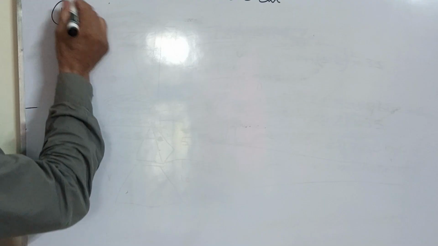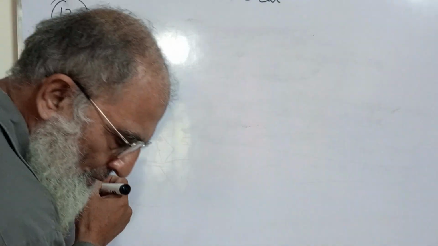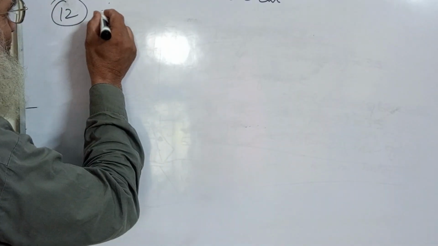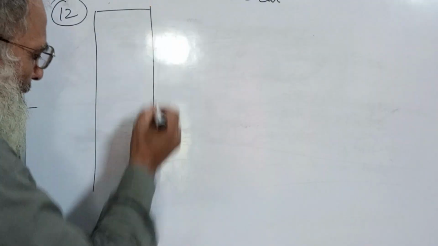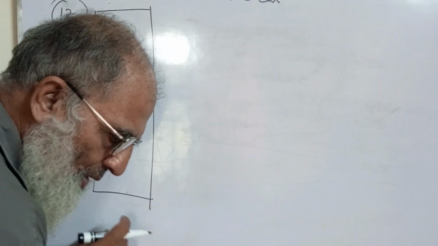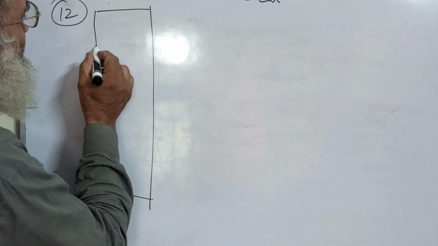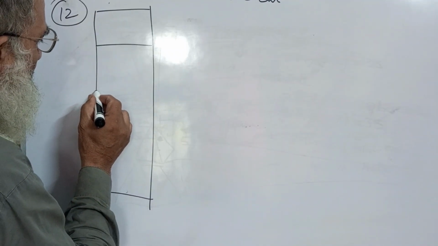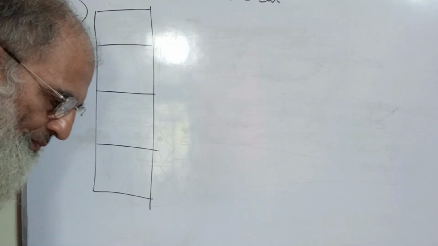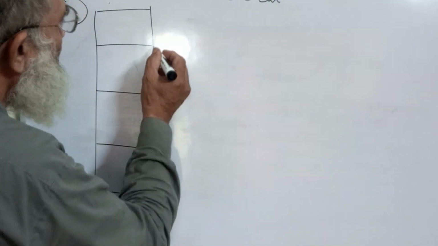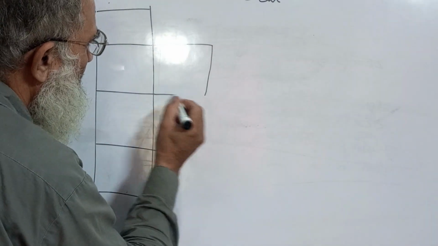Question number 12. 2 nets are given. Let me make it rough, very rough. This is one net. 1, 2, 3, 4 parts here, and the fifth part is over here.